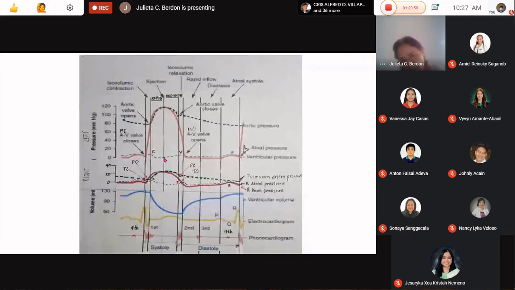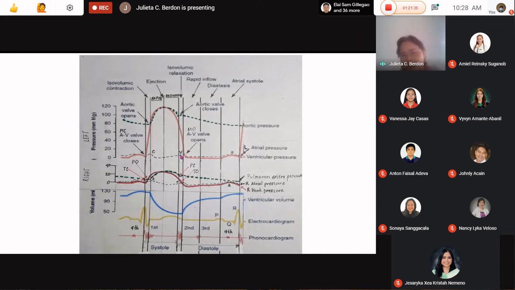Until atrial pressure becomes greater than ventricular pressure. The ventricular pressure is now far lower, so there is a pressure difference. During the isovolumetric relaxation, the pressure in the atrium is also increasing because it is receiving blood from the periphery.